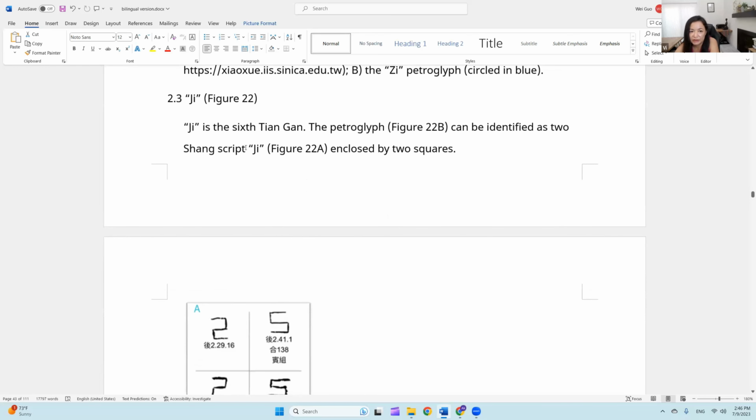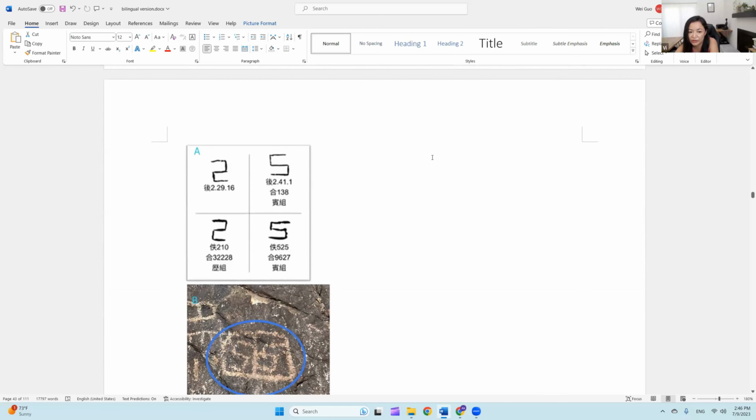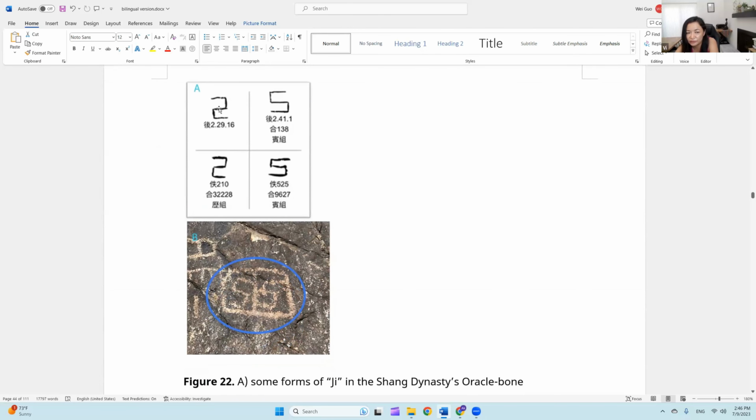Okay, 己 is the 6th Tiangan, another Tiangan. Tiangan was very important, very secret symbols for the ancient Chinese. So the petroglyph can be identified as the Shang script 己 enclosed by 2 squares. So you see, they have two forms of the character. One form is facing towards the left.